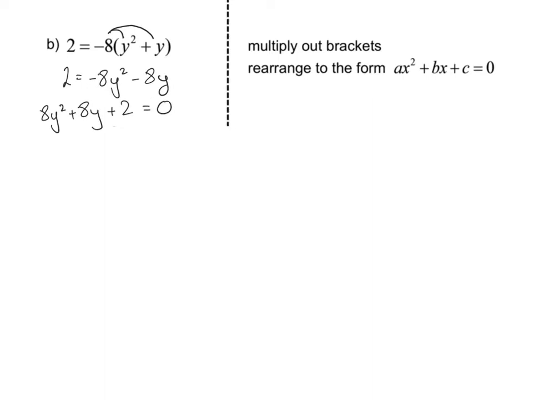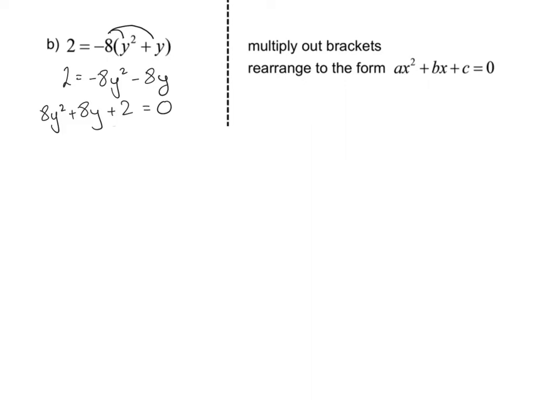So all I've done there is added 8y squared to both sides, so this will disappear from the right hand side and appear at the left hand side. Add 8y to both sides, so this will disappear from the right hand side and reappear here at the left hand side. And then this positive 2 is already here at the left hand side, and we'll have that equal to 0 now.